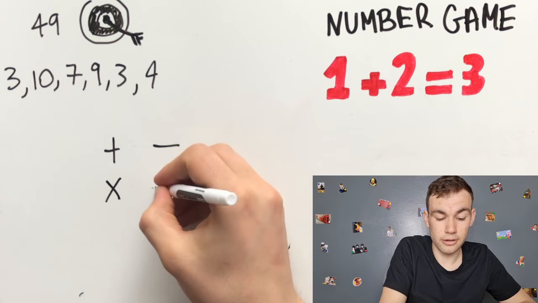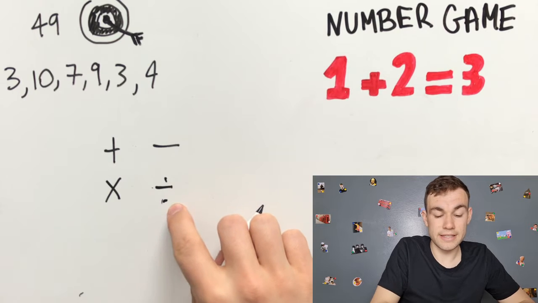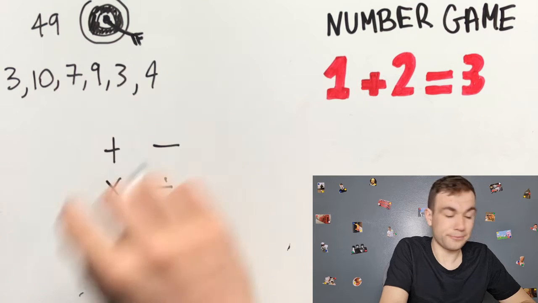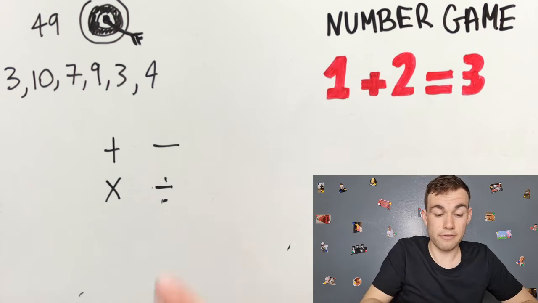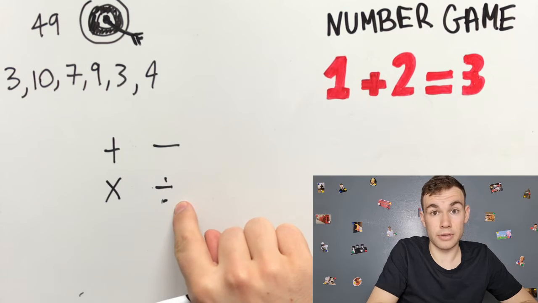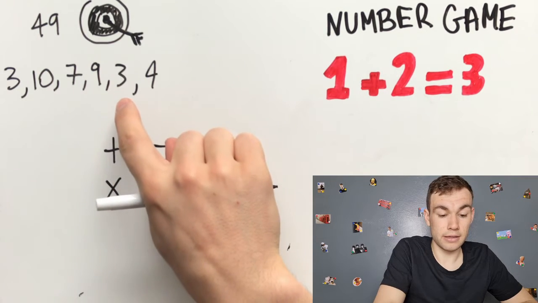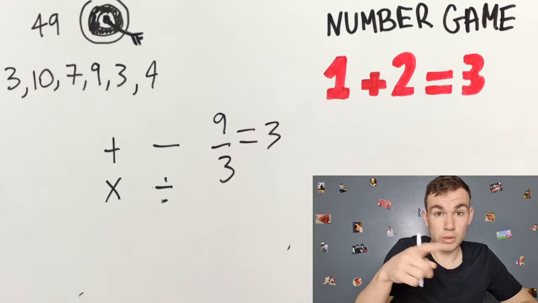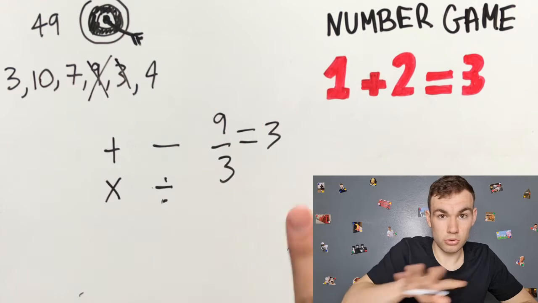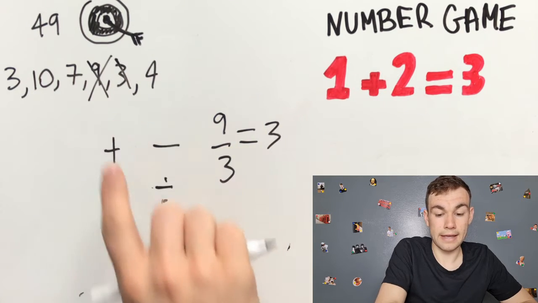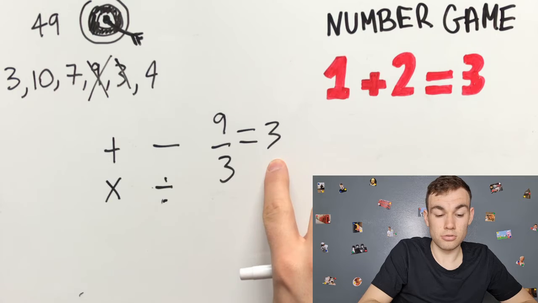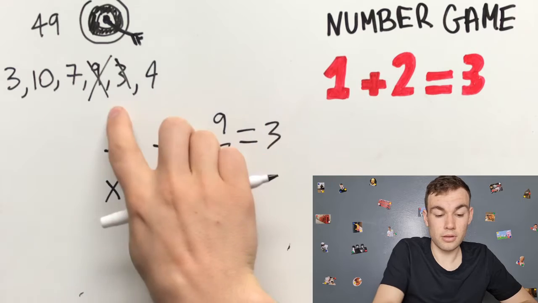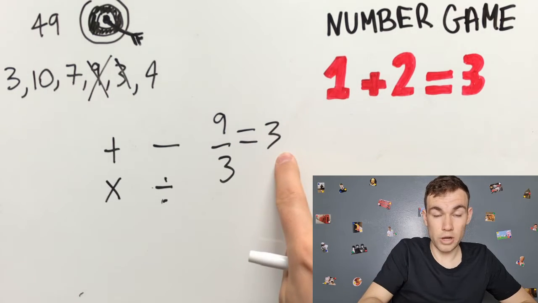And we are allowed to divide 1 number by another. And if we divide, for example, 9 by 3, we lose 9 and 3 and get 3. So we lose 2 numbers and we gain 1.